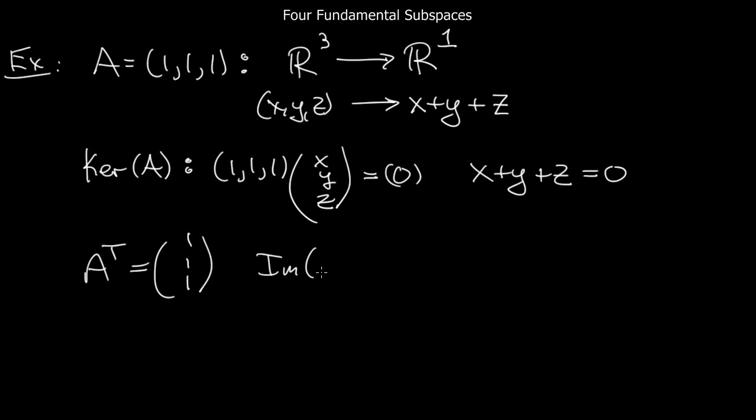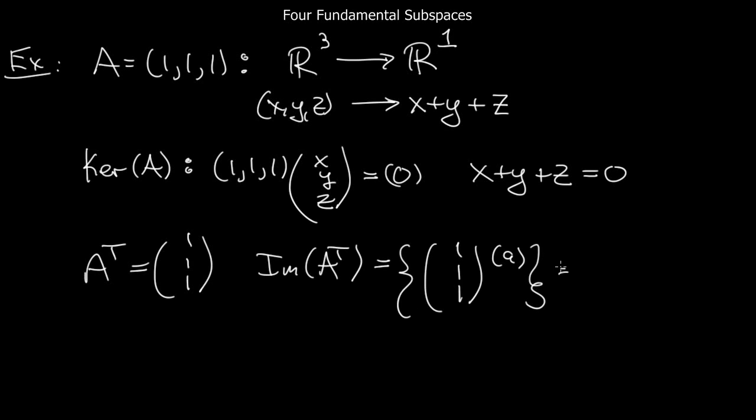On the other hand, A transpose is this. And what's the image of A transpose? Well, you apply the matrix A transpose to the 1 by 1 vector a; get your dimensions, m's and n's, right here. This is the 3-vector (a, a, a). So the image of A transpose is these vectors (a, a, a).